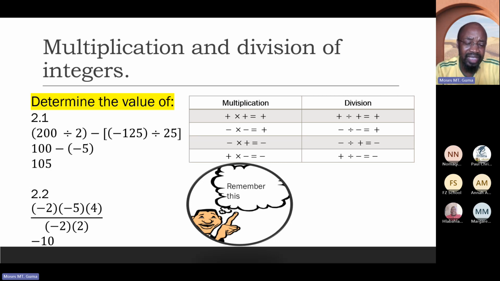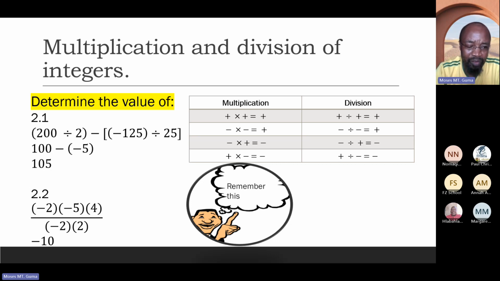That is 105. I hope that you will remember that every time you have brackets, you remove them through division and multiplication. That is your BODMAS.